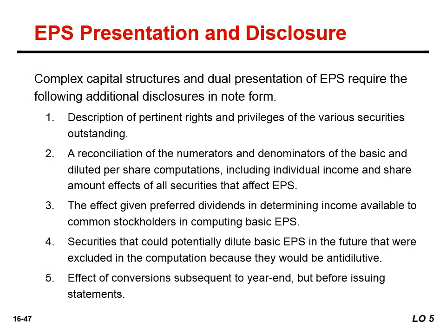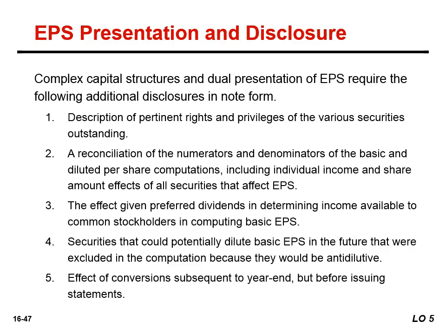The list on your screen is for complex capital structures and the dual presentation of EPS, all these additional disclosures in note form. One, describing the rights and privileges of the securities outstanding. Two, reconcile numerators and denominators of the basic and diluted earnings per share computations and your income and share amounts, anything that affects EPS. So basically what I did on the example problem.